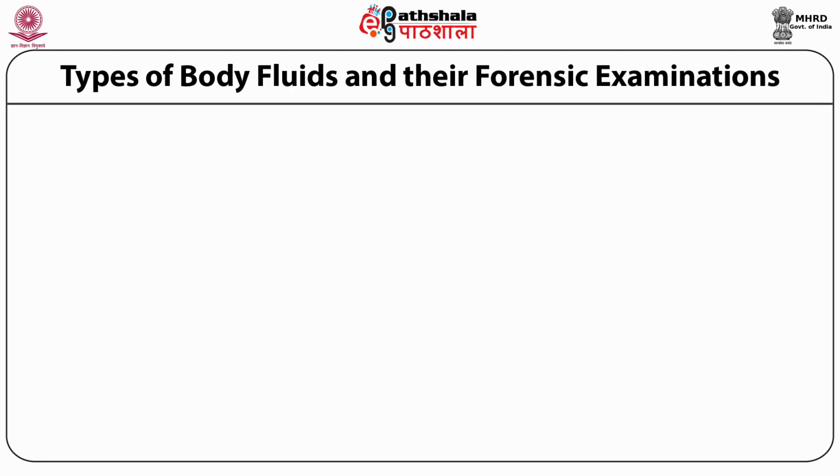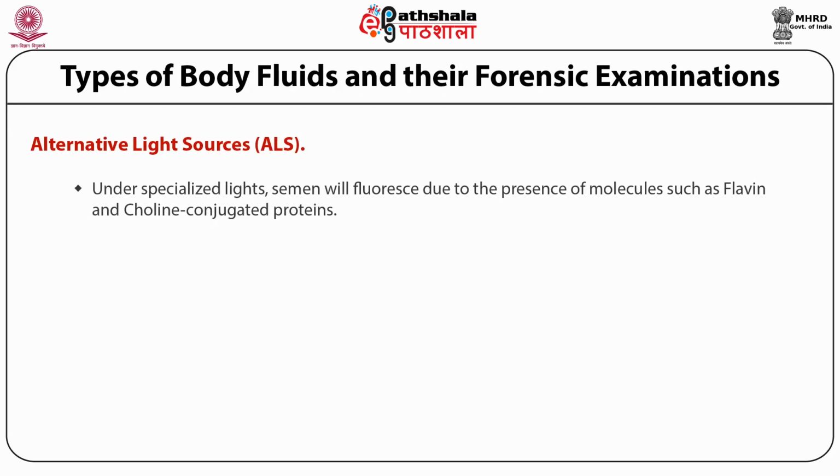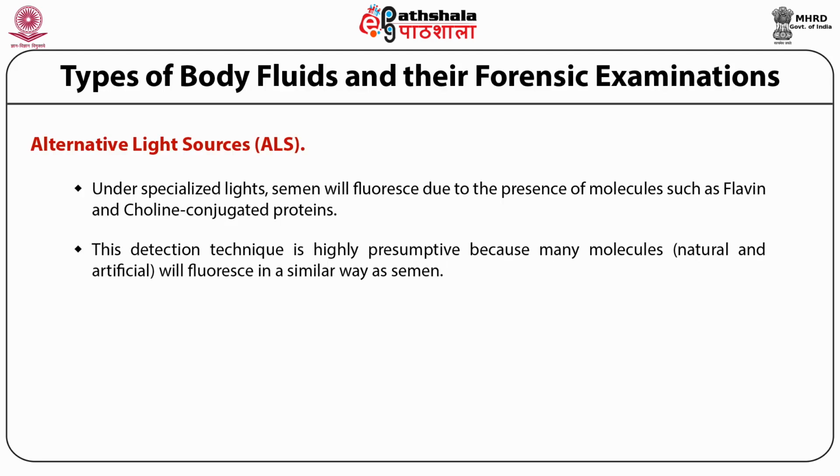Presumptive tests. The first is alternative light sources, that is, ALS. Under specialized lights, semen will fluoresce due to the presence of molecules such as flavin and choline-conjugated proteins. This color will vary from blue to yellow depending on the light equipment used. This detection technique is highly presumptive because many molecules, both natural and artificial, will fluoresce in a similar way as semen.